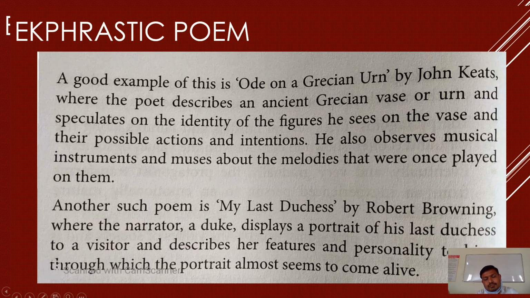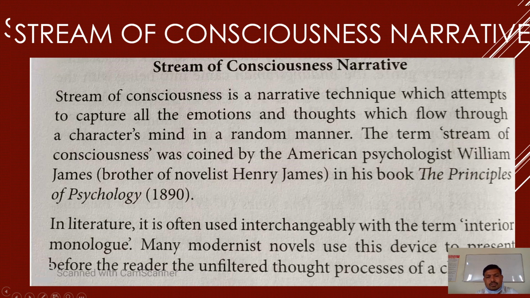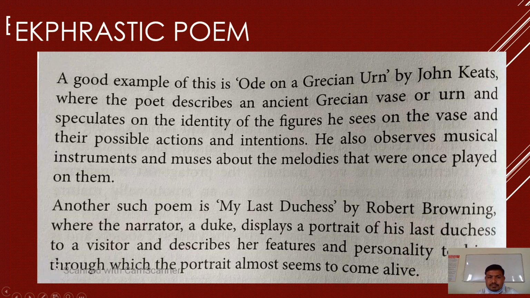So ekphrastic poem always deals with historical events and art, and that is presented through these two poems. One is Ode on a Grecian Urn, and the second is My Last Duchess. So this is the example of ekphrastic poem.